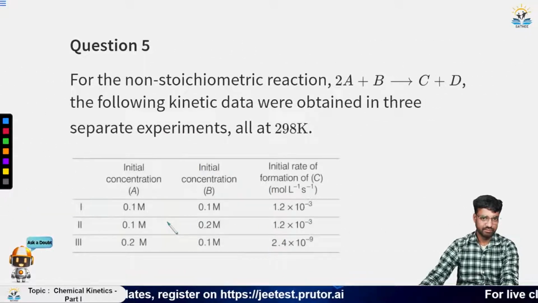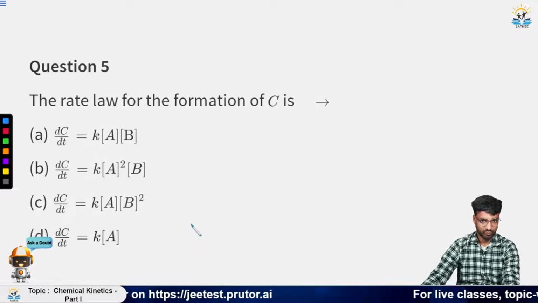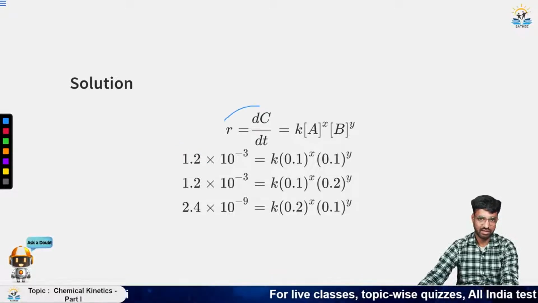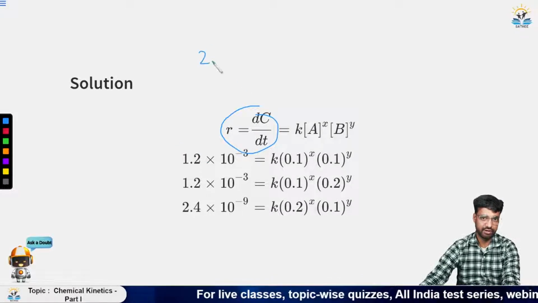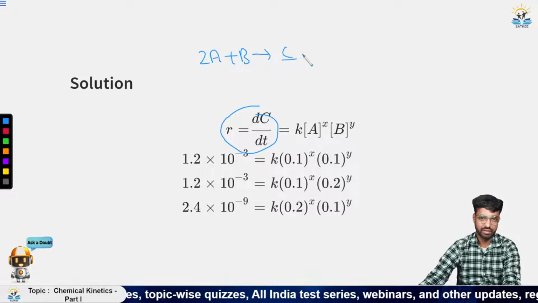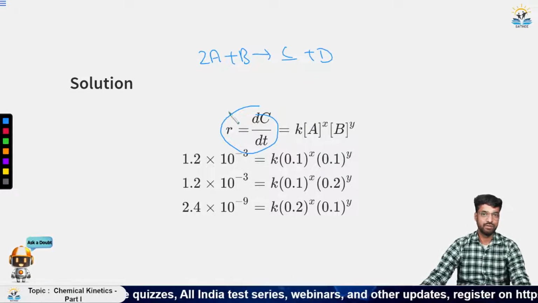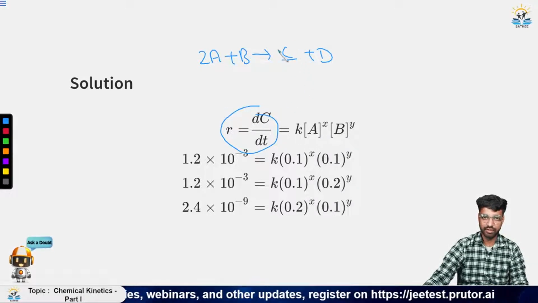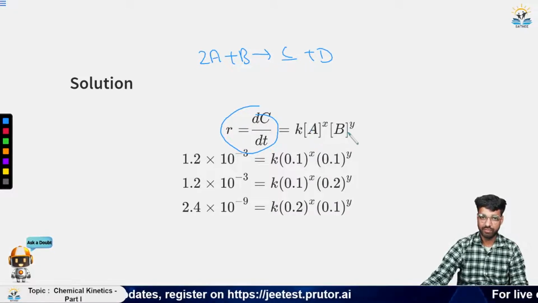So if you write it here for all of this, it will be like this: R, dc by dt. The rate equation was A plus B gives C plus D. If you write the rate of reaction in terms of the concentration of product, R is equal to dc by dt, equals k[A]^x[B]^y.